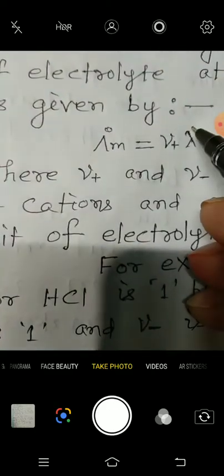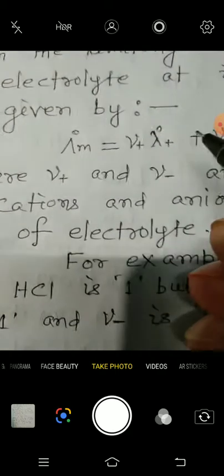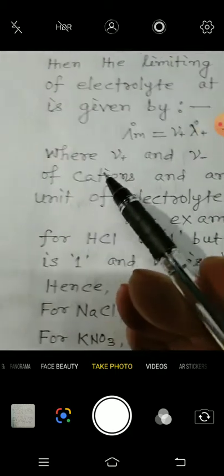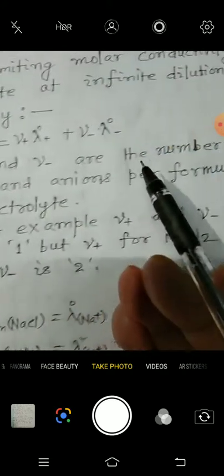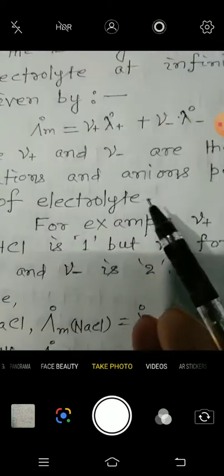I forgot to put the sign of naught here. Where nu plus and nu minus are the number of cations and anions per formula unit of electrolyte.